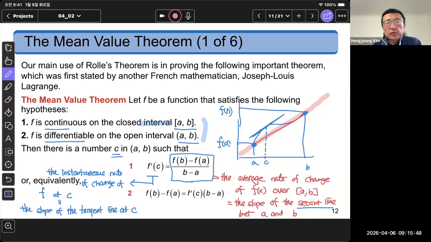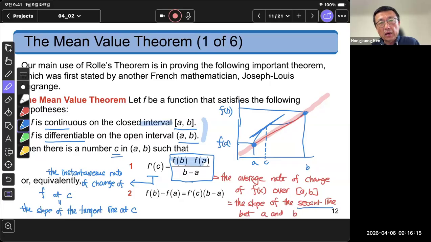And please remember that this mean value theorem is a generalized version of the Rolle theorem. Because if I have the third hypothesis, if f of a and f of b are the same, then what does that mean? Then the numerator of this expression on the right will be 0, and you get the conclusion of the Rolle theorem.